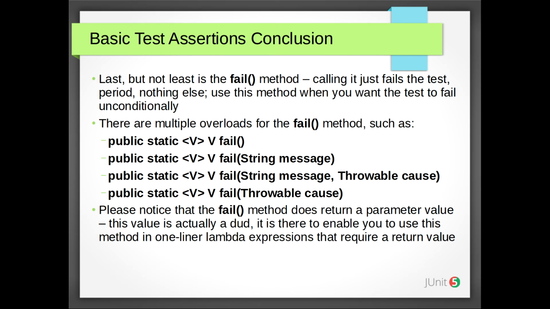Public static <V> V fail(Throwable cause). Please notice that the fail method does return a parameter value. However, this value is actually a dud. It is there to enable you to use this method in one-liner lambda expressions that require a return value.